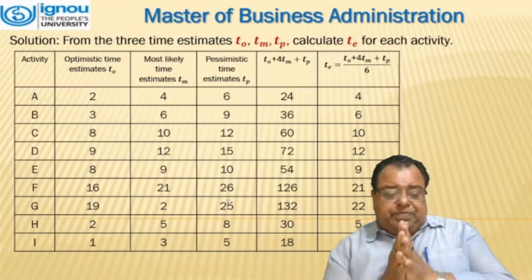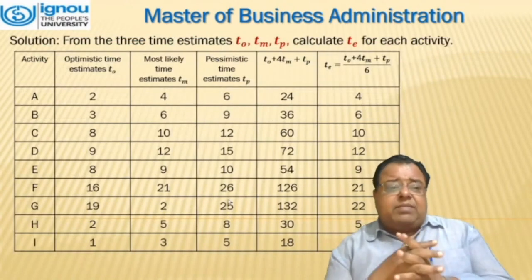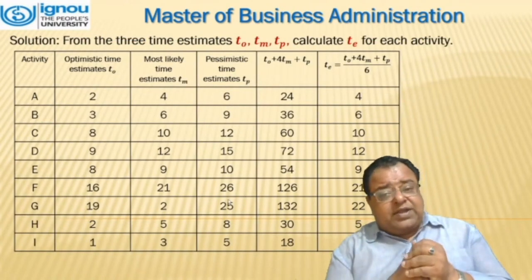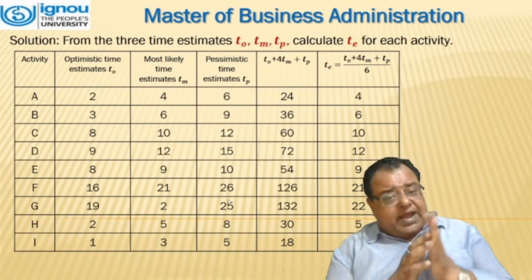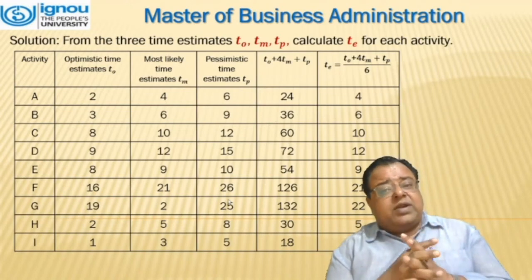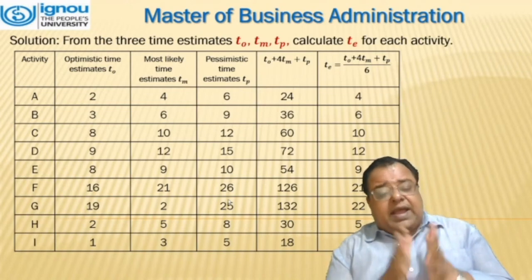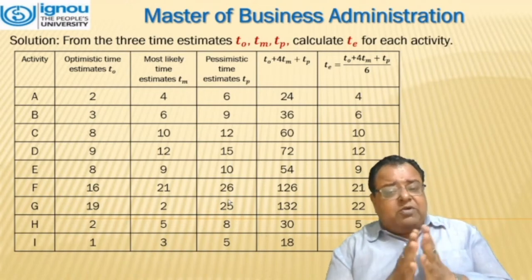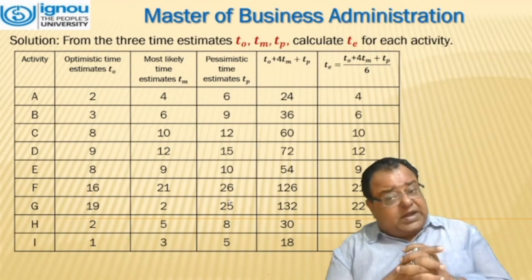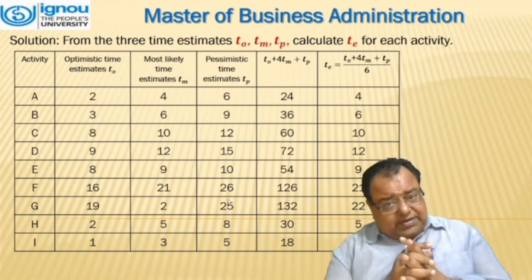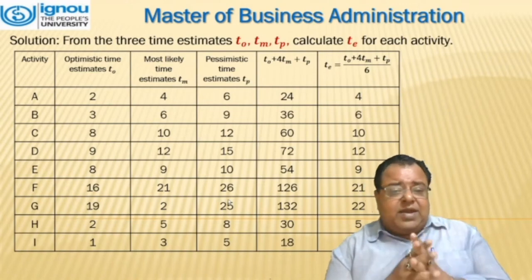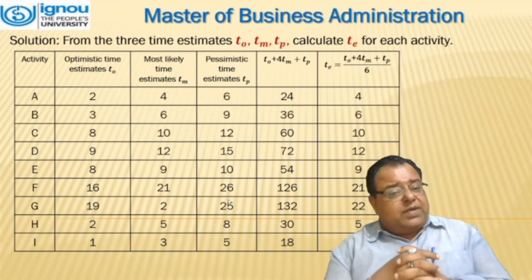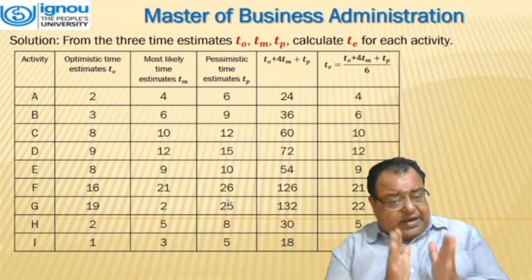Picking up this diagram, we will be using the three given times and finding the estimated time. The estimated time is calculated by the formula (TO plus 4 times TM plus TP) divided by 6. First of all, we will be calculating TO plus 4 TM plus TP for all the activities.